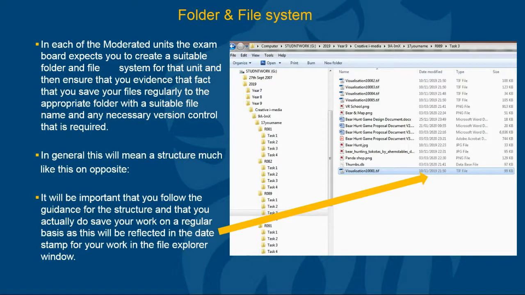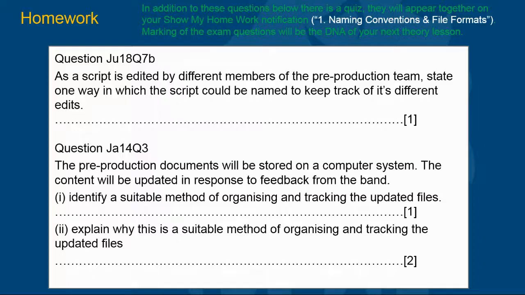Those dates tell them that that's something that you do on a regular basis. If you don't have regular updates on there, then it's going to be pretty clear to them that you haven't actually done what they have told you to do within the units. So that's why it's so important to get that absolutely spot on, and make sure that when you get back to school those folders are reflected.